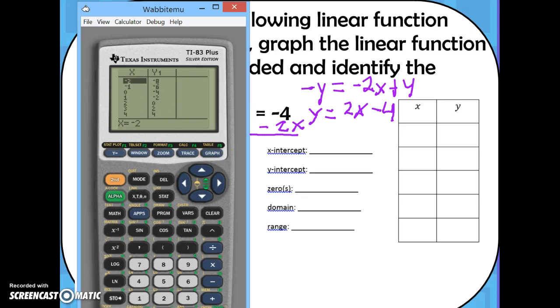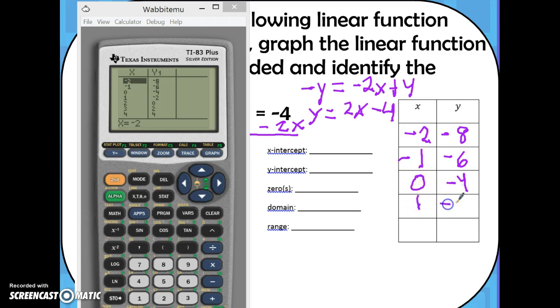So we are going to list our numbers. We can start with negative, since this is not a word problem, and we can put negative 2, negative 8. Just write the numbers that you have in your table. We can put negative 1 and negative 6. We can put 0 and negative 4. We can put 1 and negative 2. And we can put 2 and 0.